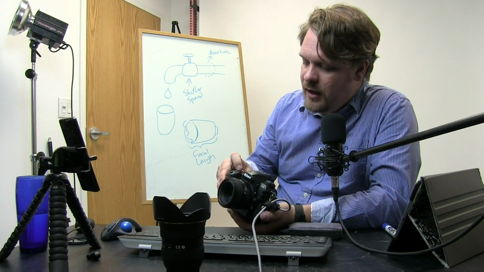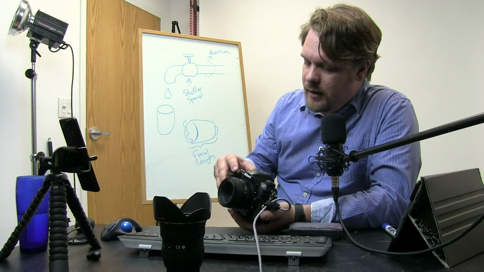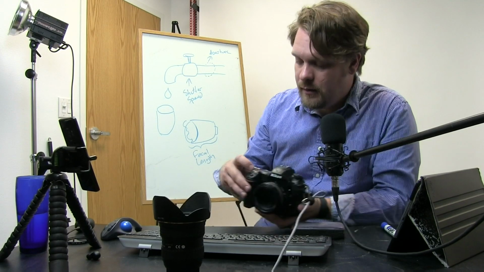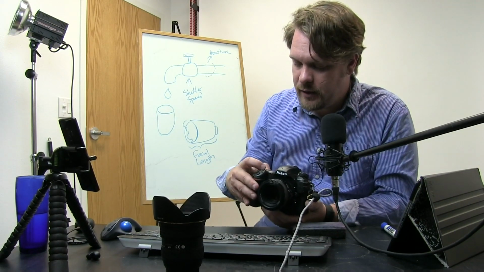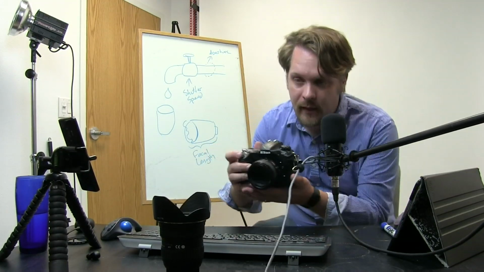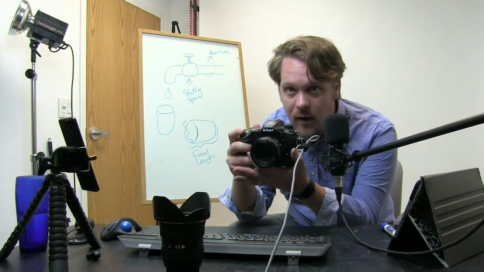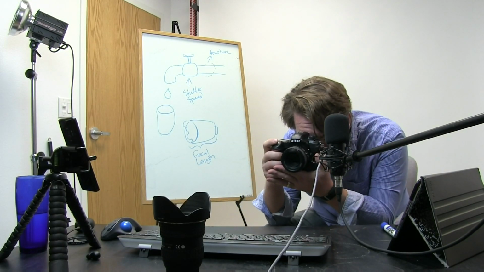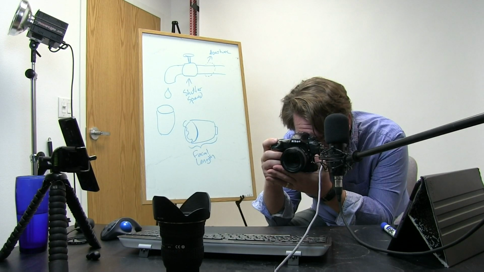So let's try it at 100. And we're going to turn our shutter speed down as a result. Actually, we're going to try it at 200 because it's deceptively dark in here. And I'm going to try to frame it the exact same way so that you can see the difference. But you also saw how well that worked out last time I tried to do that.